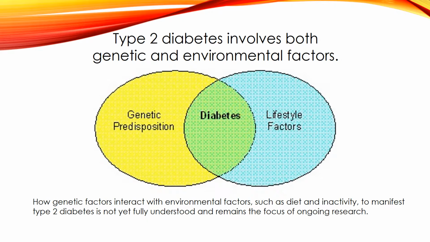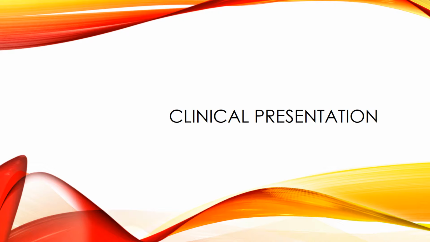It is important to note that type 2 diabetes involves both genetic and environmental factors. How genetic factors interact with environmental factors such as diet and inactivity to manifest the disease is not yet fully understood and remains the focus of ongoing research.